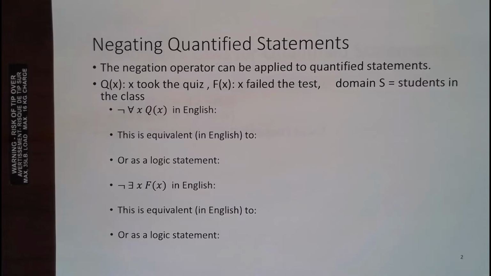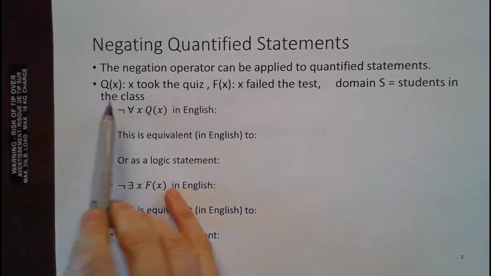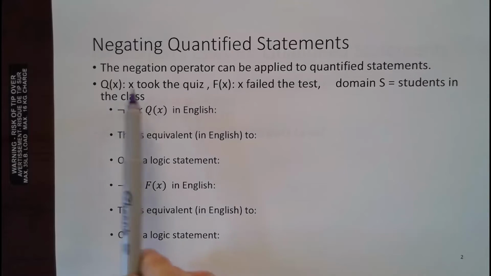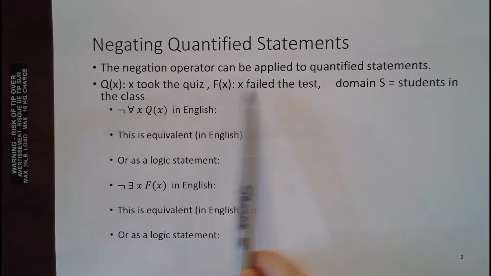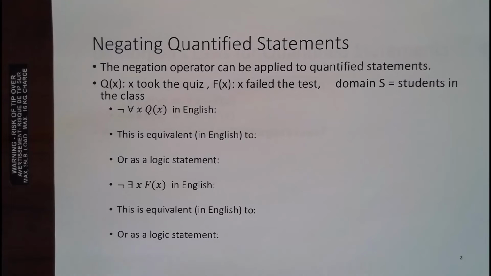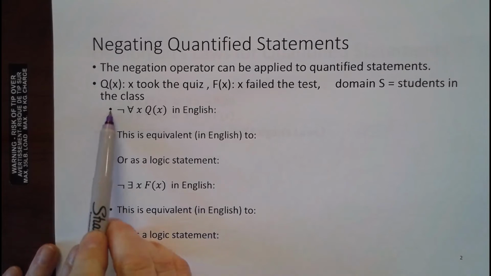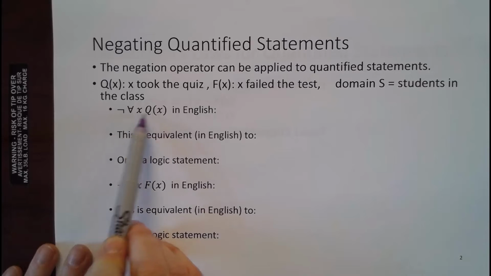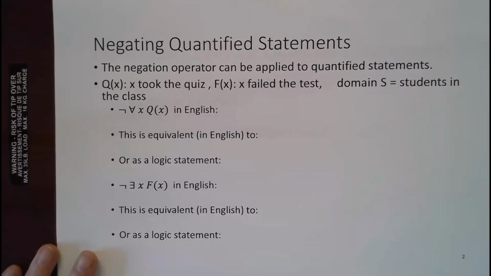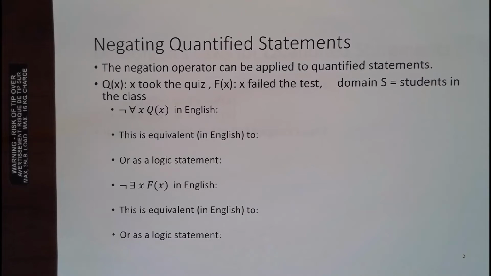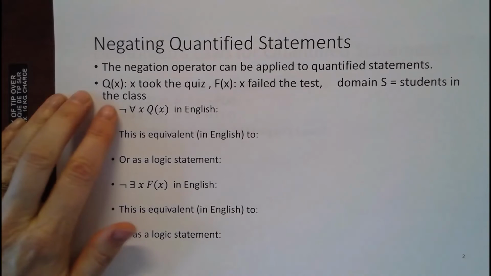Okay, so let's say we've got students in the class, and we've got Q of X, has taken the quiz, and F of X, has failed the test. Maybe they should have been both test or both quiz. It doesn't matter. So let's say I have this: not for all X, Q of X. If you think about the order of operations, the universal is first.